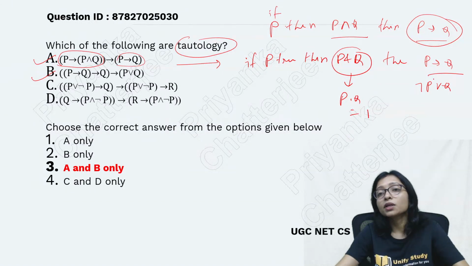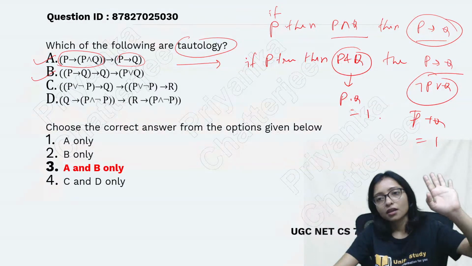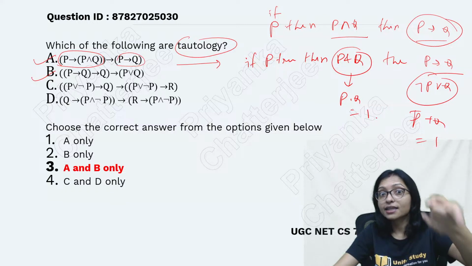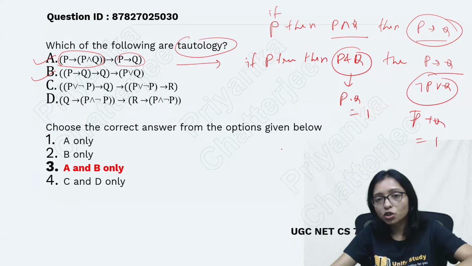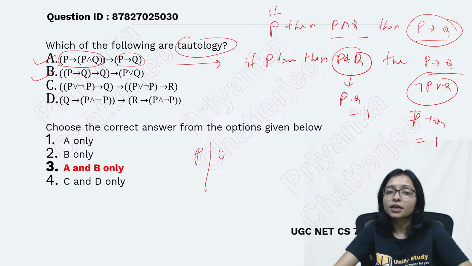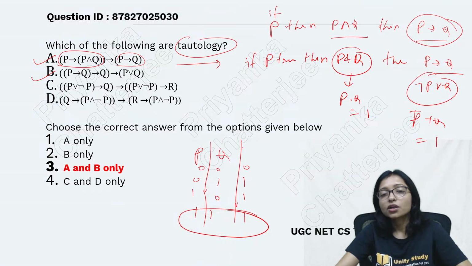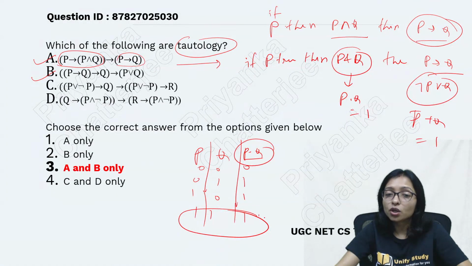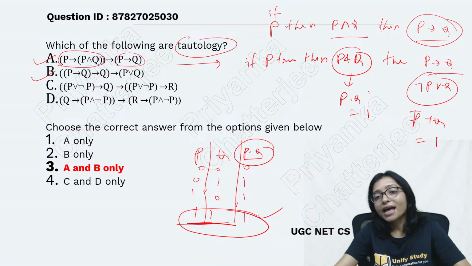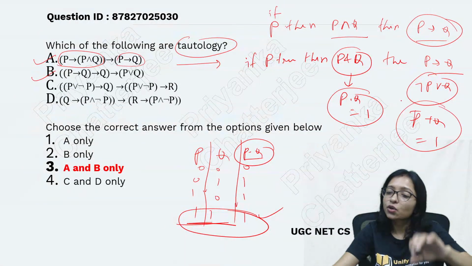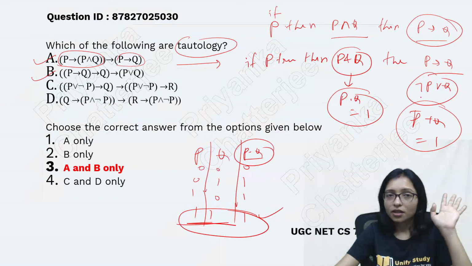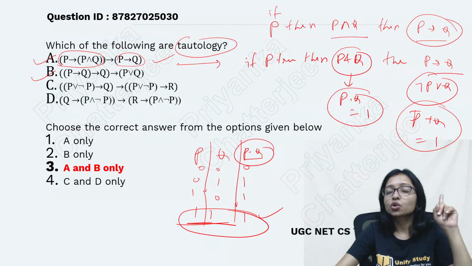So both are 1 means obviously P bar plus Q will also be 1. Table of PQ is 0 0, 0 1, 1 0, 1 1, and P and Q is 0, 0, 0, 1. So P and Q is 1 means P bar plus Q will obviously be 1. That's why it is a tautology.